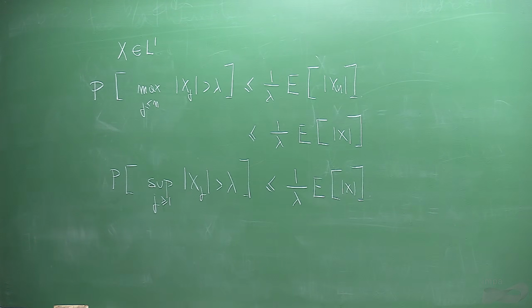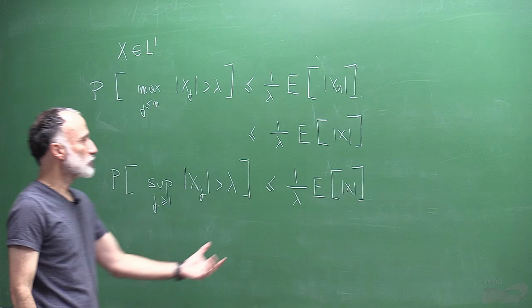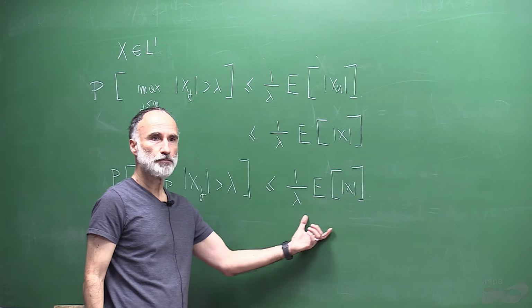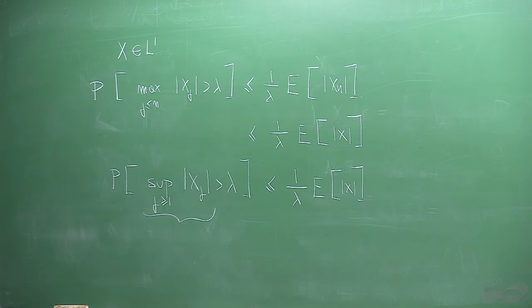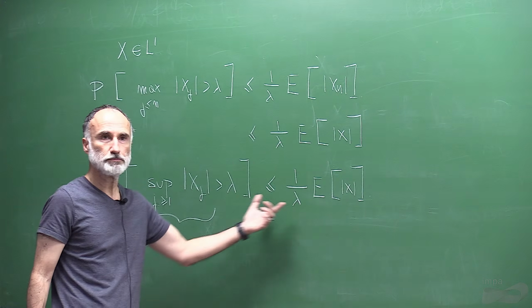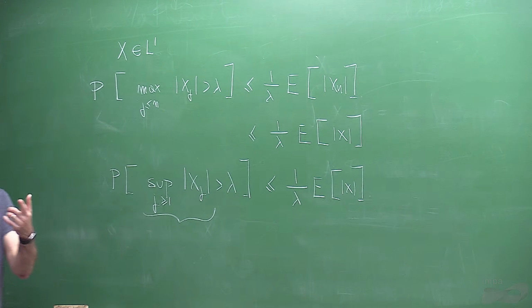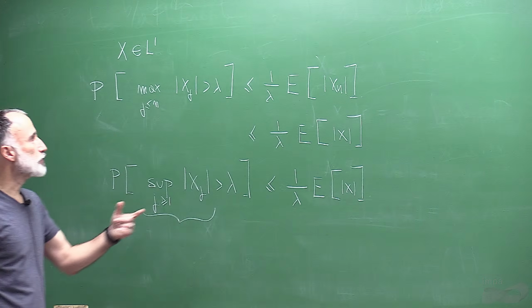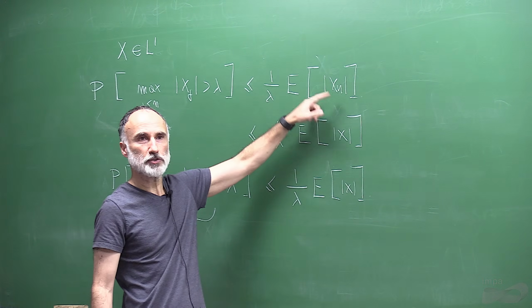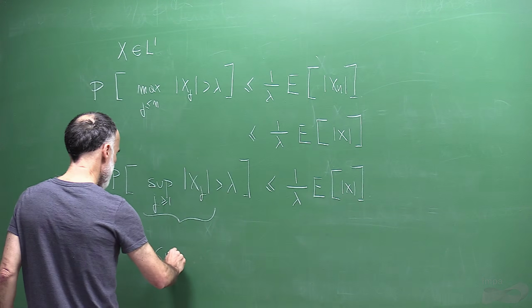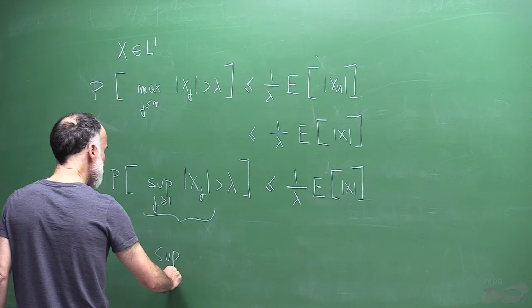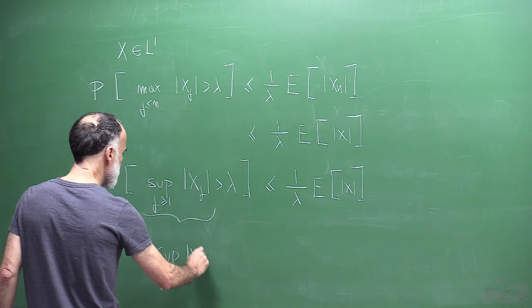Okay. And if I send lambda to infinity, the right-hand side converges to 0. This means that this random variable here is finite almost surely. The probability that it's infinite is 0. So if I have a martingale which is defined through this conditional expectation, then the supremum over all times is finite.